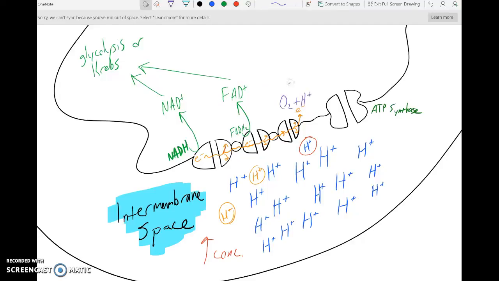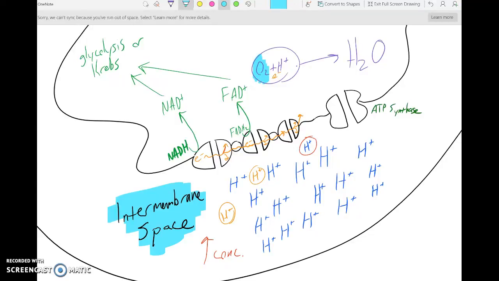They're going to pick up those electrons. And all of these things collectively, these three things, are going to form water.